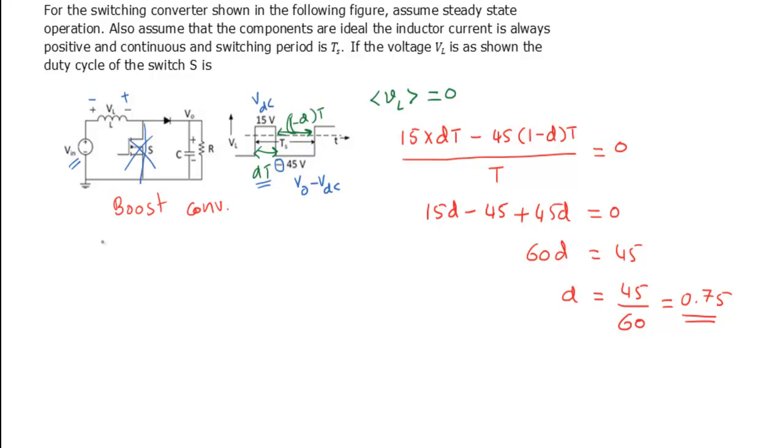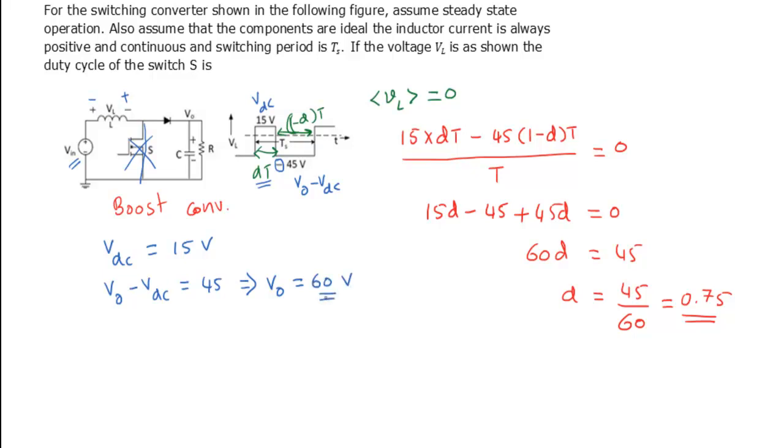So from this, we already got that VDC equal to 15 volts, and V0 minus VDC equal to 45. So V0 is 45 plus VDC, that's nothing but 60 volts.